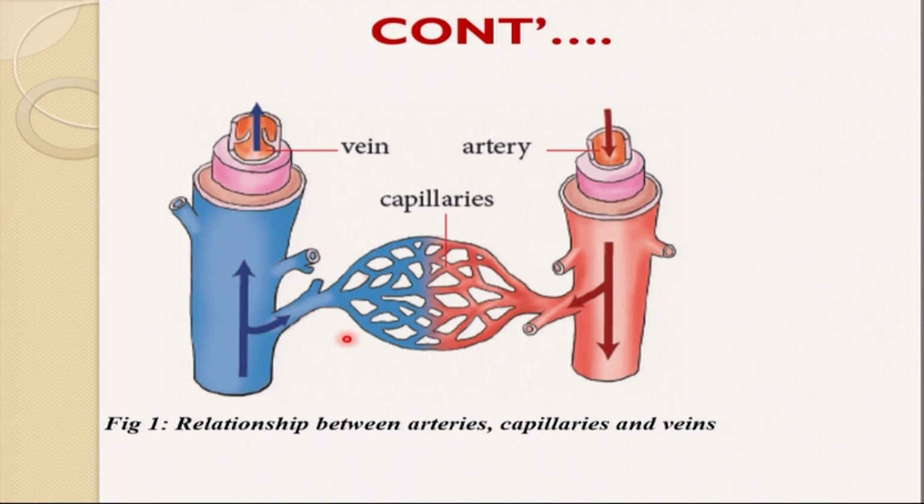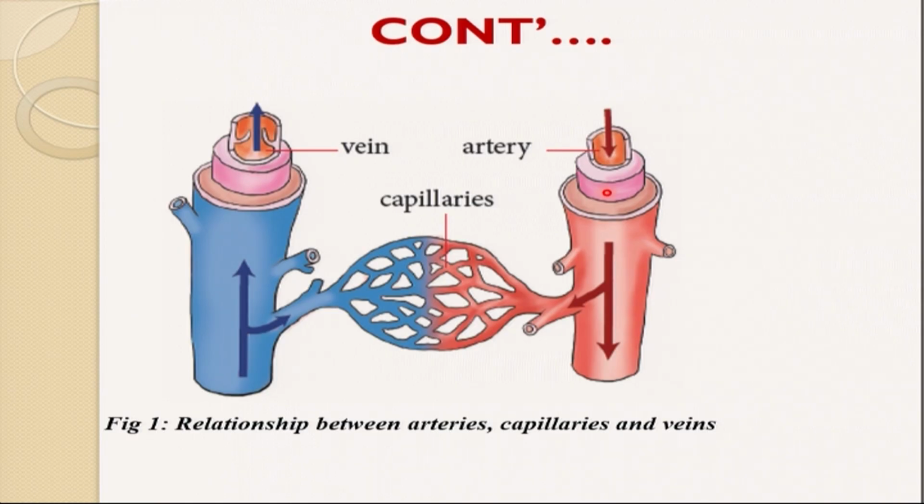When you're observing the diagrams, on the left side we have the diagram which shows the veins. On the right side, the diagram shows an artery. Then in the middle, we have a diagram that shows capillaries.